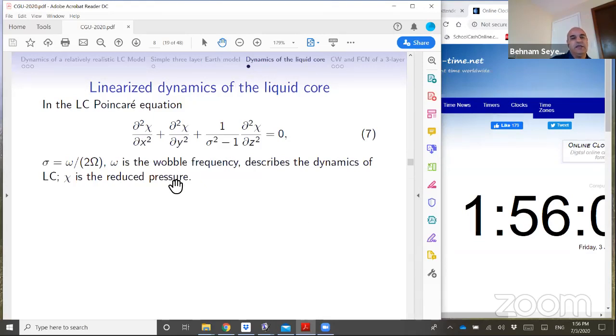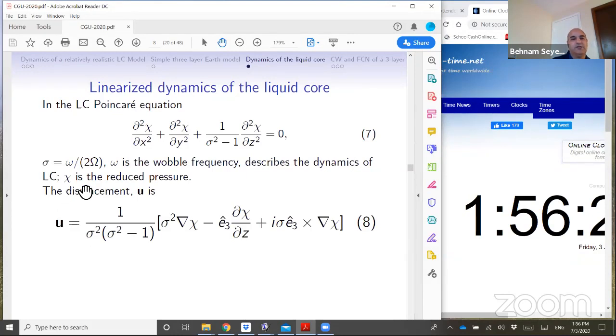If we did that, then in the liquid core we have the Poincaré equation describing the dynamics of the core. Here we defined sigma, which is equal to the frequency of the wobble divided by twice the frequency of rotation, and chi is the reduced pressure. If we define it this way, then U, the displacement in the core, is defined as such.